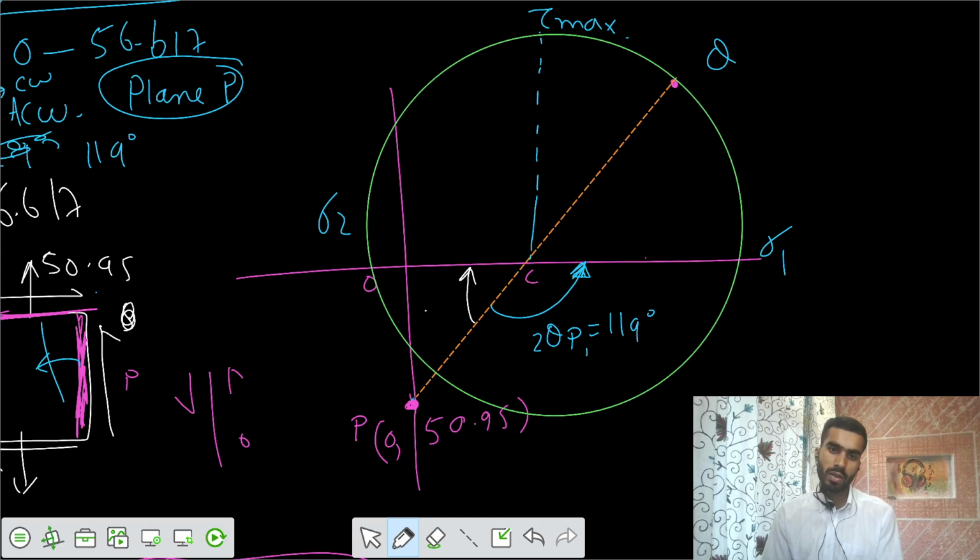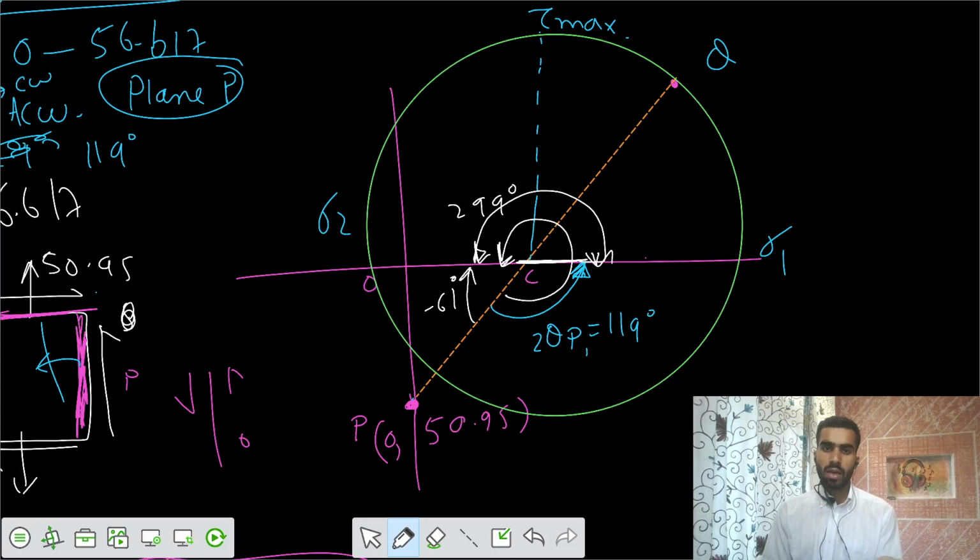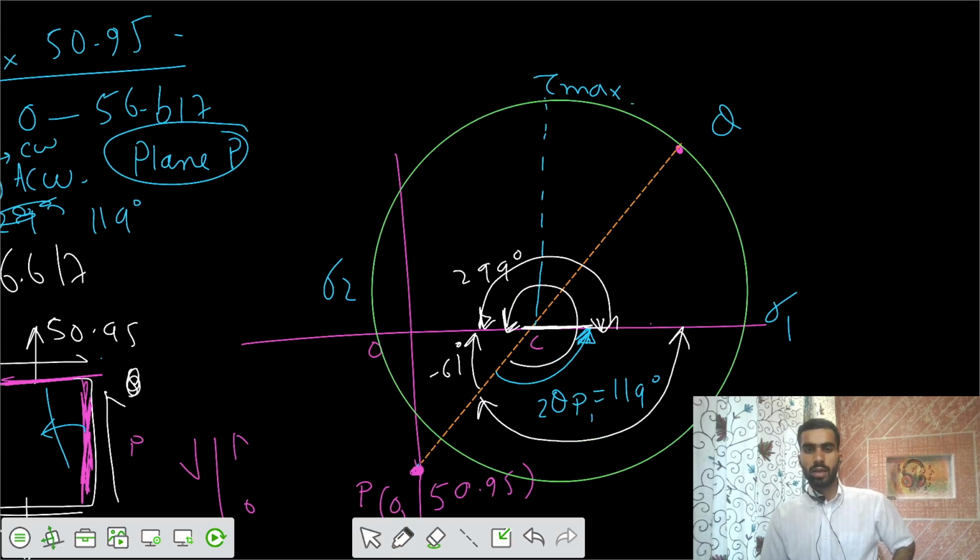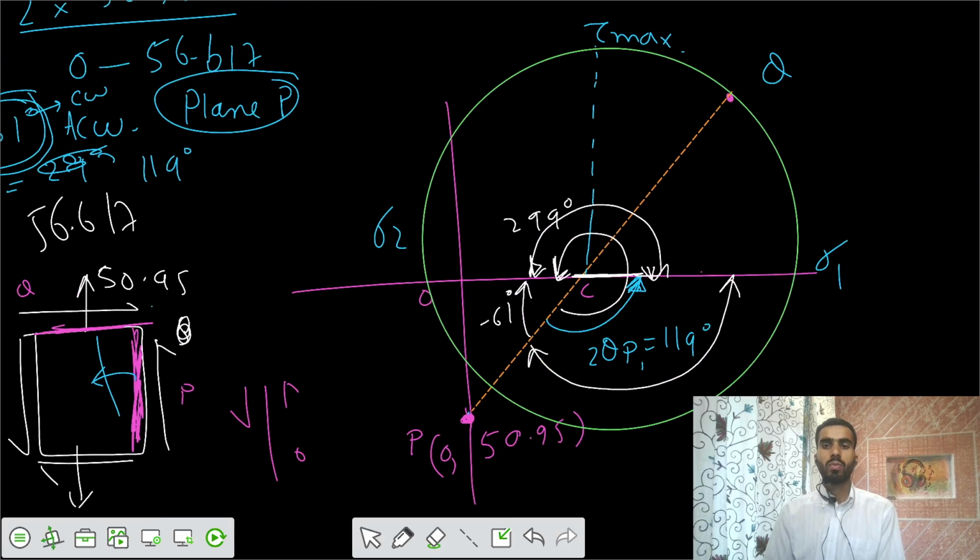And if I say what is this value, I would say that is 61 minus 360, that is 299. Now if this is 299 and this part is 180, that means 2 theta p1 would be equal to 299 minus 180. That's 119. Yeah, this is also correct. Either you do it this way or we do it directly. So both ways are correct.